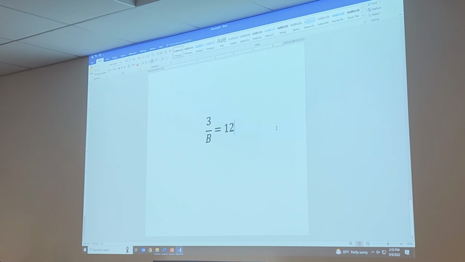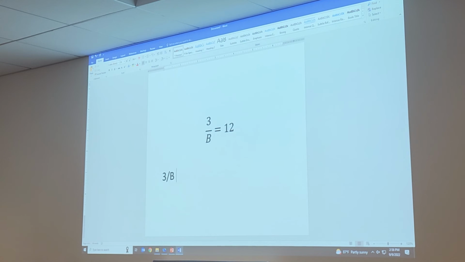So, once again, right, math, multiple ways to do things, right? One way you can do it is you're like, oh, well, let's get B by itself. Well, how do we get B by itself? Right, so we have 3 divided by B, right?